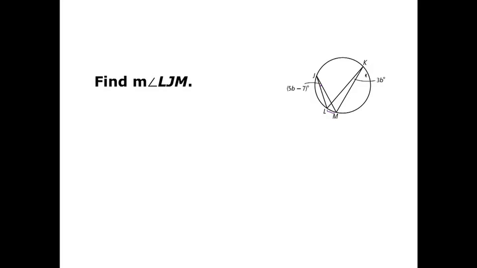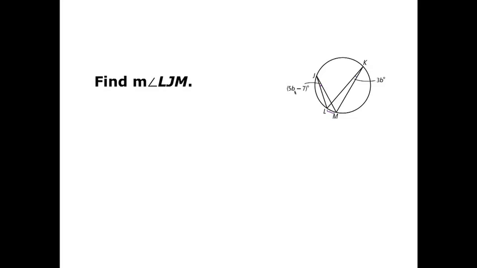But this angle K up here, when I look at its sides, it also intercepts arc LM. So angle J and angle K intercept the same arc, LM. That means that those two angles have to be congruent to each other.